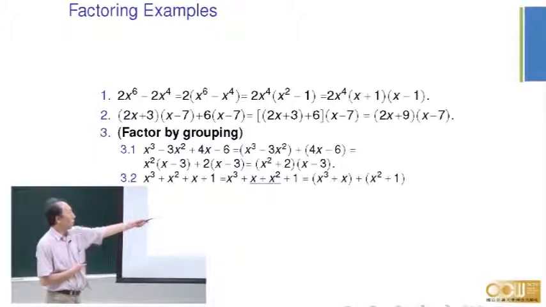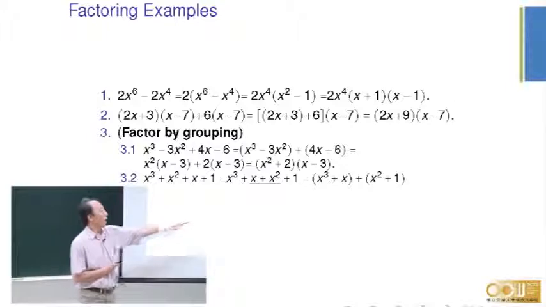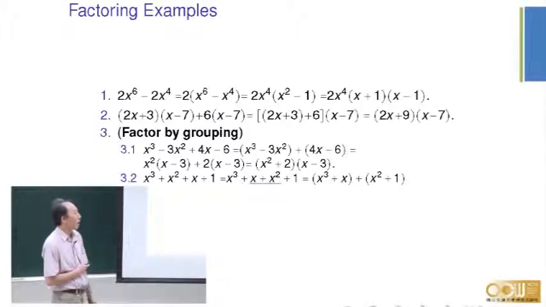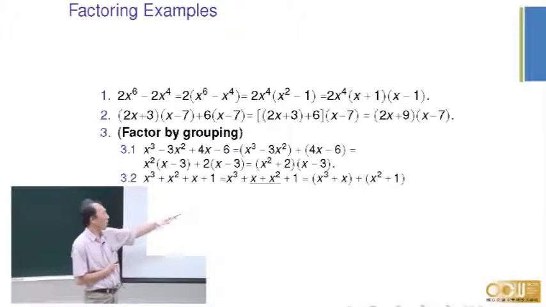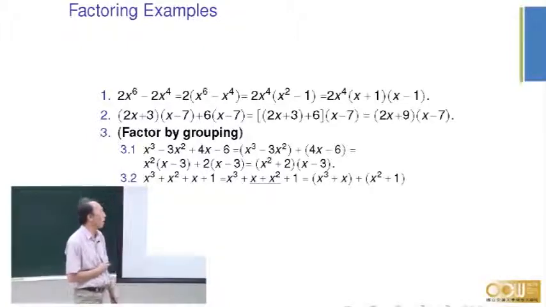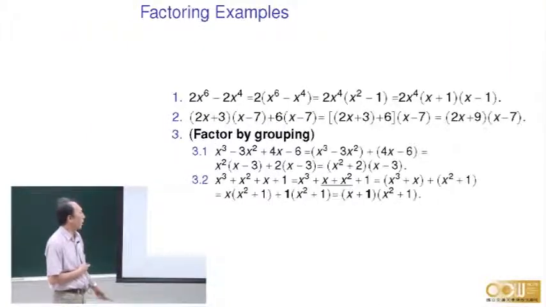For the first group, they have a common factor x, and we keep the second quantity x squared plus 1, which is a sum of squares. Remember that 1 is a positive number, so it cannot be factored for a similar reason as before. Let me take out the common factor x for the first pair.